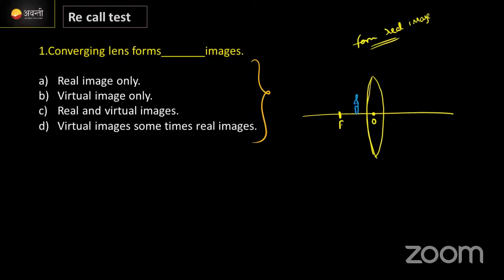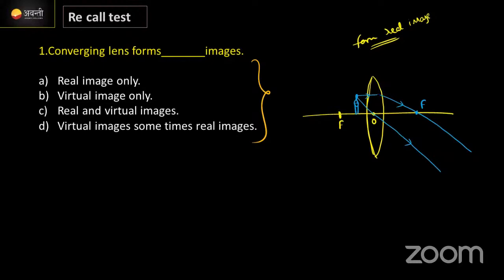where will the image be formed? Look here. The first ray, which is parallel to the principal axis, will move along the principal focus. The second ray, if it moves along the optic center, goes without deviation. These two rays do not interact with each other in this portion.